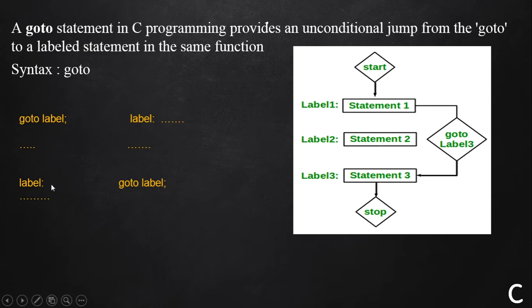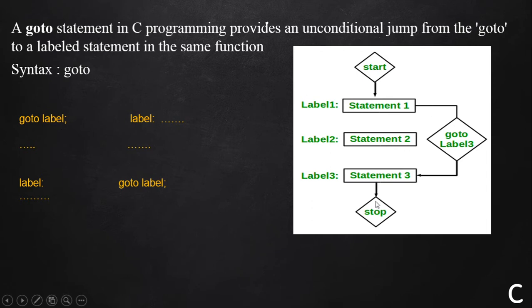But the difference from our previous control branching statements is that here we don't need to check any condition for transferring control from this location to this location. Here also we don't need to check any condition for transferring control from this location to this location. That is why goto becomes an unconditional branching instruction.